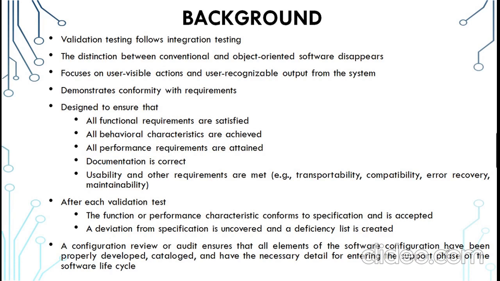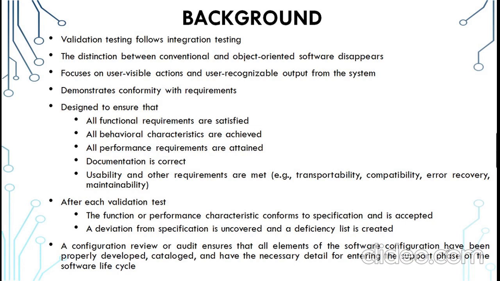Usability and other requirements are met in validation testing. After each validation test, the function or performance characteristics conform to specification and are accepted. Or a deviation from the specification is uncovered and a deficiency list is created.